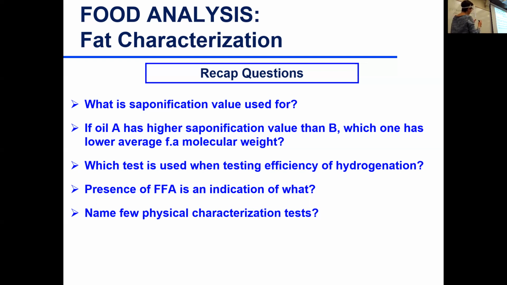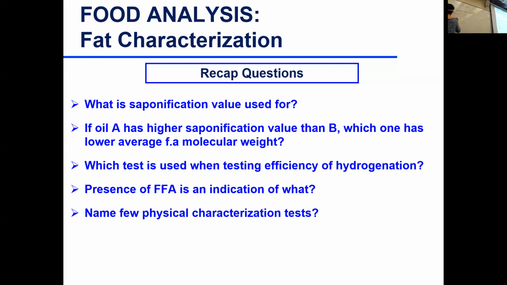So when I have lower molecular weight, I will have more moles per 1 gram. So I will need more KOH to react because the reaction is based on number of moles reacting with number of moles. Right? So it's an inverse relationship.